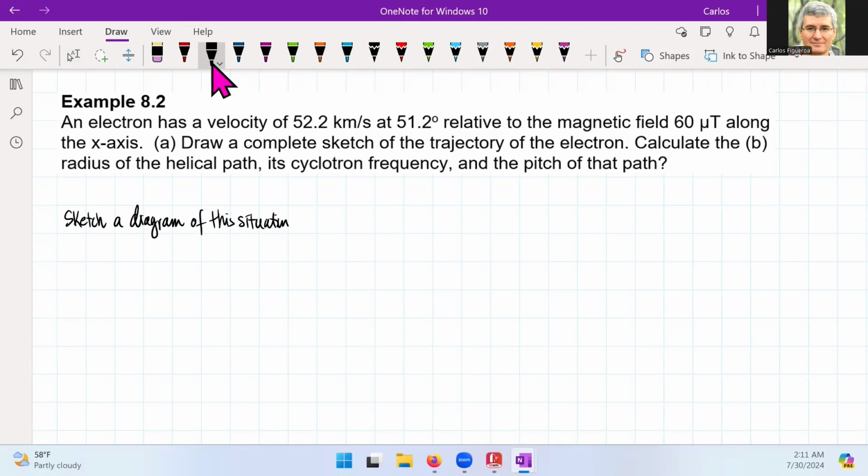So I'm going to say that because of the lack of information, the velocity is in the xz plane. I could have picked the xy plane just as well.